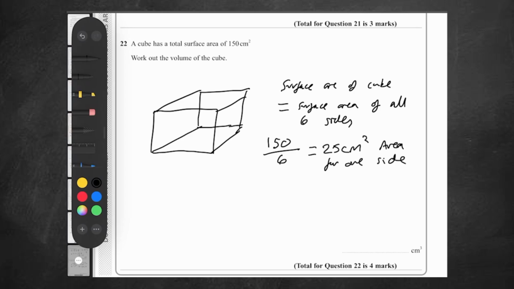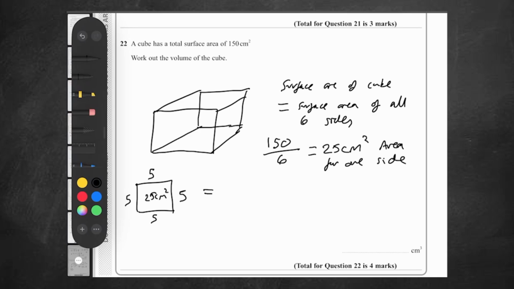Now, one side of a cube is a square. So if we are doing the area of a square, and we know it's 25 centimeters squared, and we know all sides of the square are the same length, we know each side is going to have to be 5 centimeters.